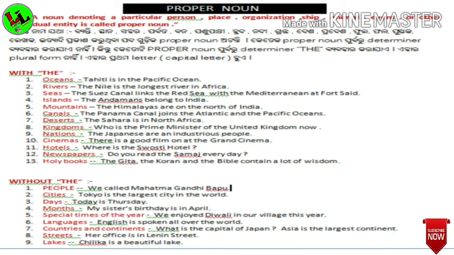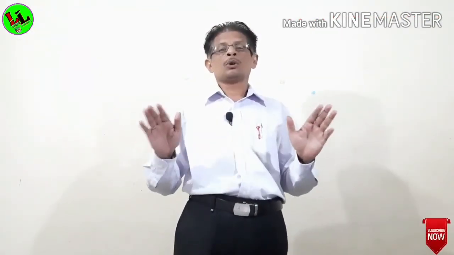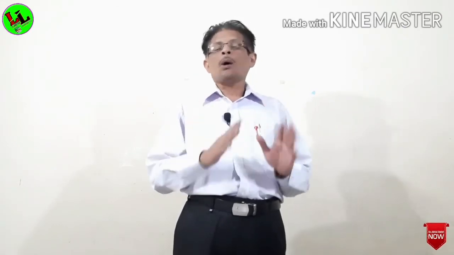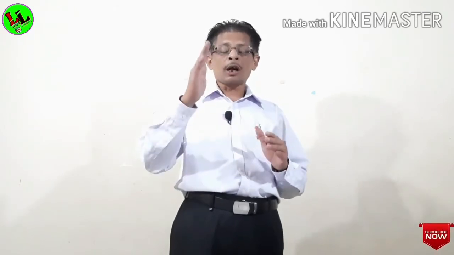Lenin Street is the name of a street. And then before the names of lakes, Chilika is a beautiful lake. And in this case, you see, we can't use the before these nouns. And this is all about proper noun.